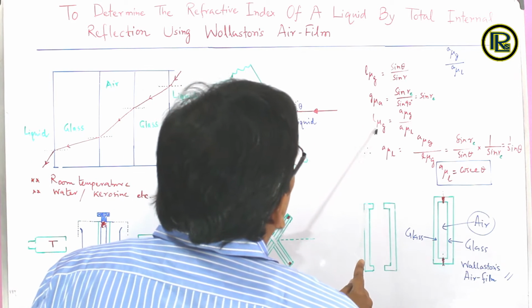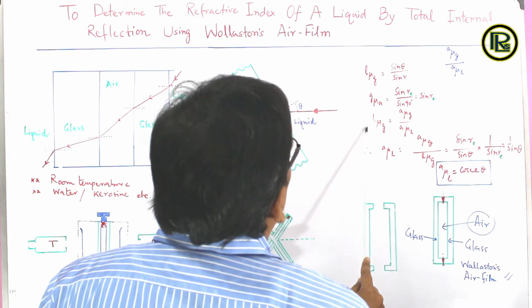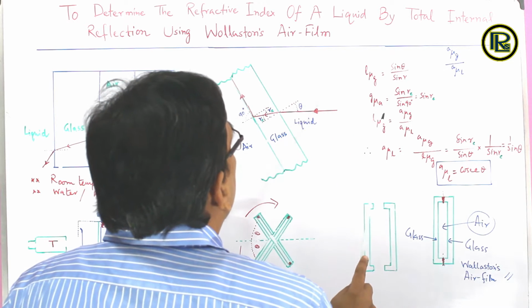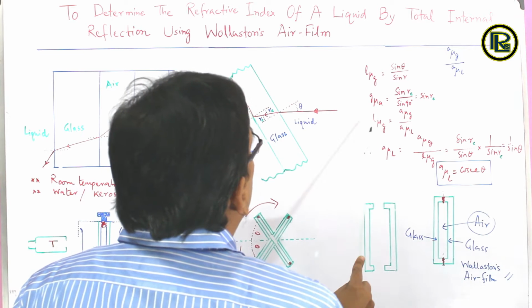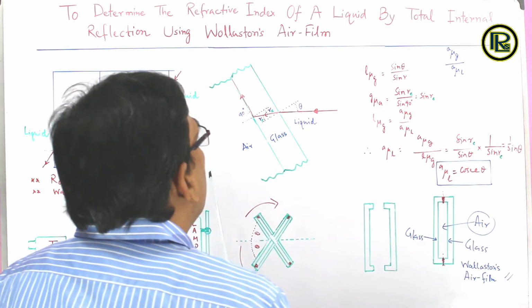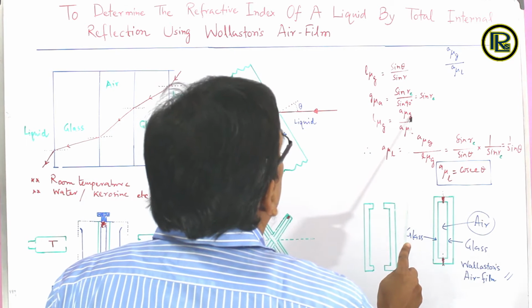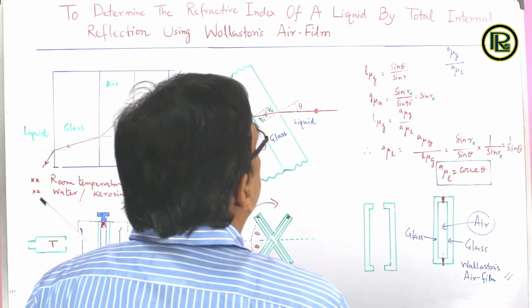And now the refractive index goes like this from the definition of L mu G. The refractive index of glass with respect to liquid can be written as air to glass over air to liquid.